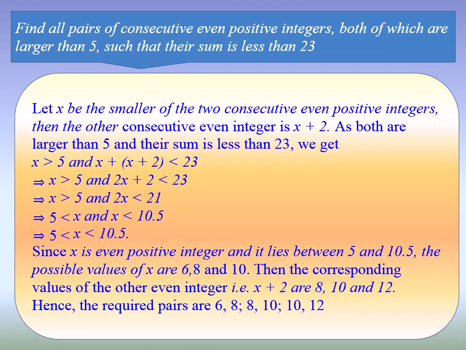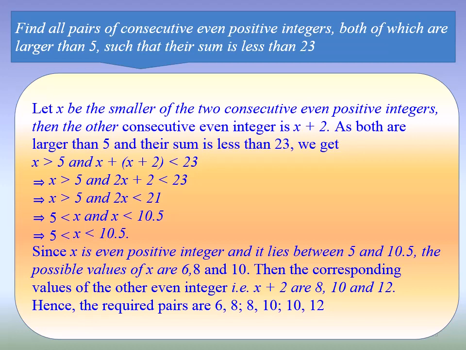So after calculation from the second condition we got x is less than 10.5, but we already know that x is greater than 5. So we can write 5 is less than x, x is less than 10.5. But it is given that x is an even positive integer and it lies between 5 and 10.5. So what are the possible values of x for integers?